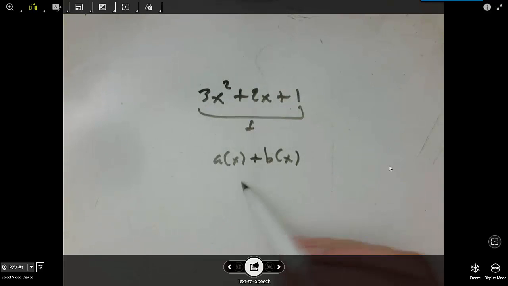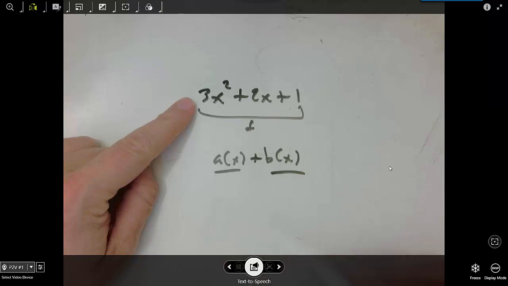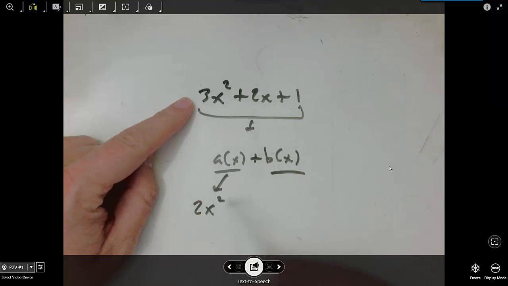Well, there are a lot of different ways that I could have two polynomials that add to be that one. Like, I could separate it out this way. I could say, let a be 2x squared and then 1x and then 1.